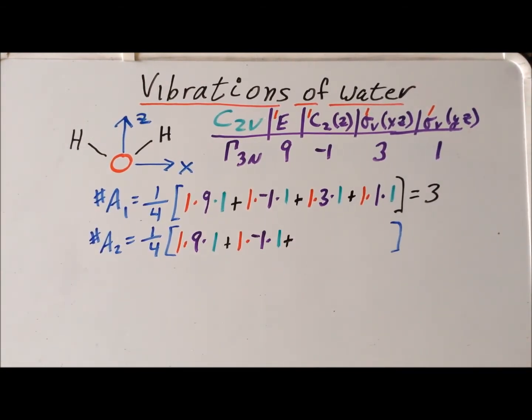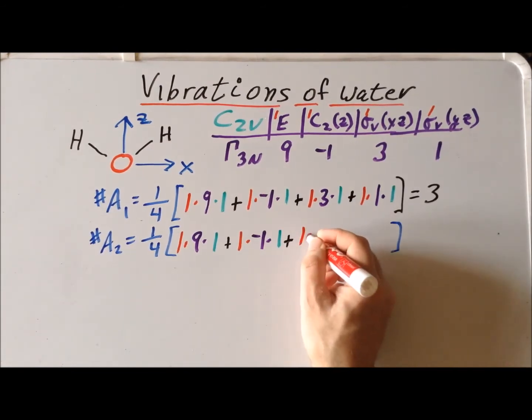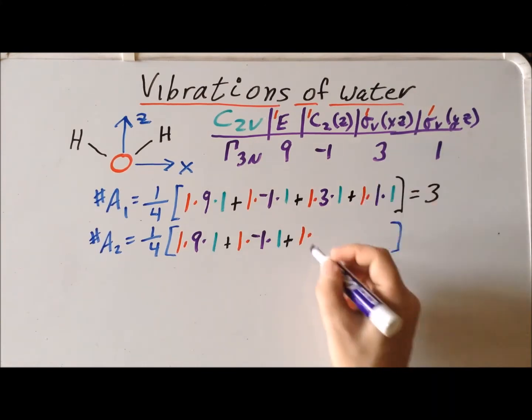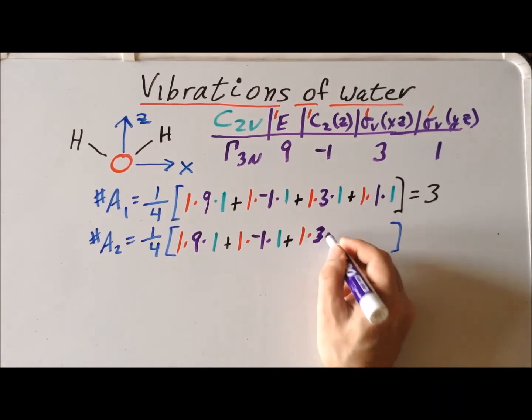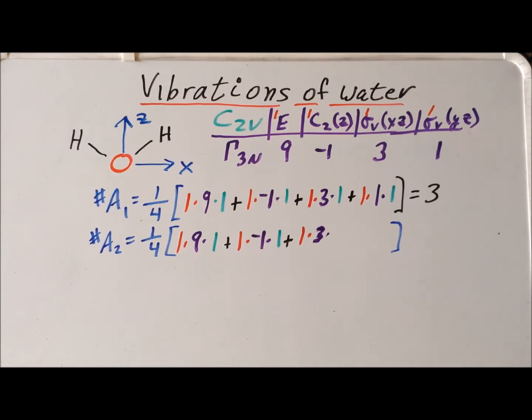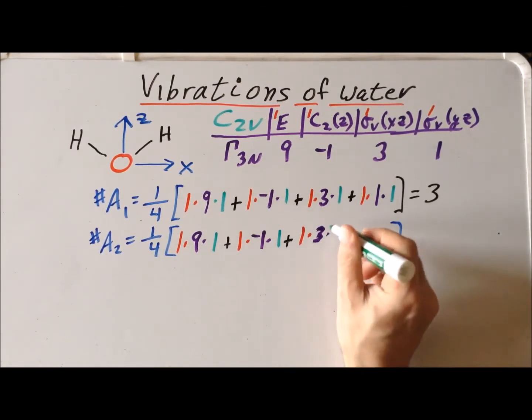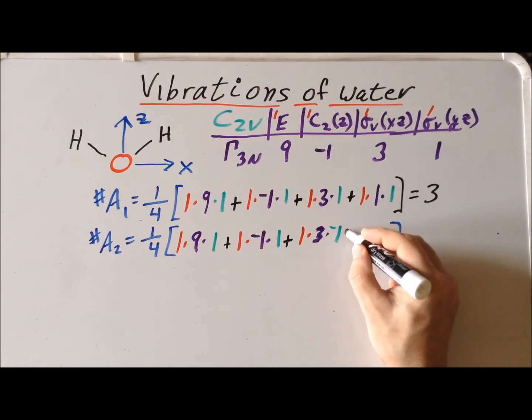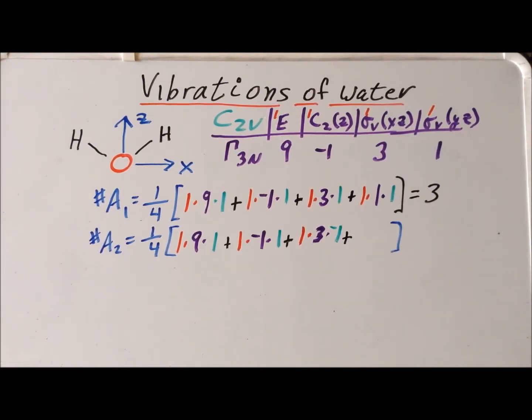So when we get to the third symmetry operation, the sigma v, again there's one operation in the class. The character from the reducible representation is 3. But now the character from the character table for the irreducible representation is a -1. And then for our final symmetry operation, the last sigma v, there is one operation in the class.